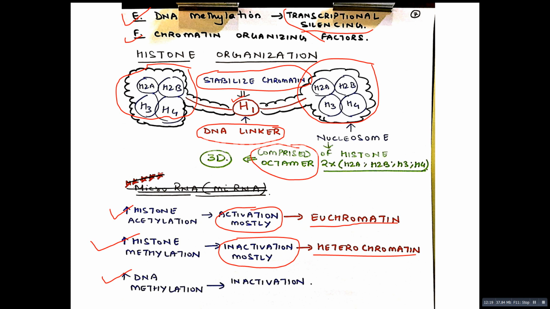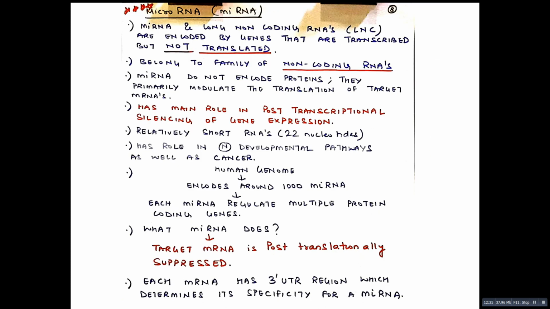Now we come to microRNAs. As we remember, microRNAs and long non-coding RNAs are actually part of the non-coding region of the DNA. So these are encoded by genes that are transcribed, but they are not translated. They belong to the family of non-coding RNAs.